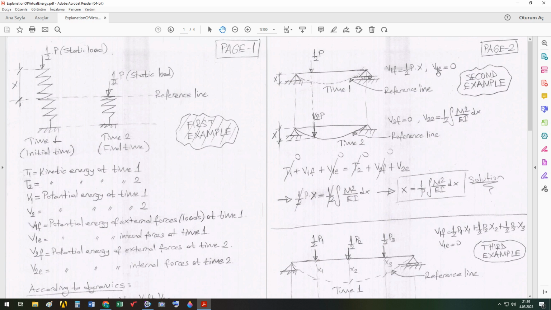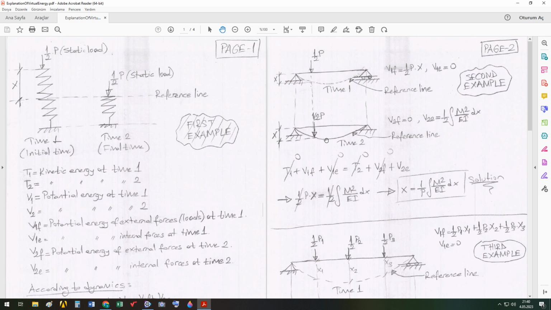So at time 1, the elastic stored energy is 0, and the reference line is again selected as the deflected shape of the beam, because the deflected shape of the beam is the curve in which our structured beam is in equilibrium, has reached its equilibrium position.